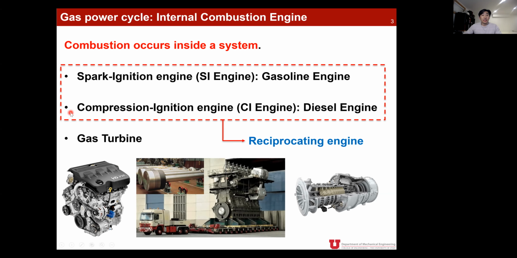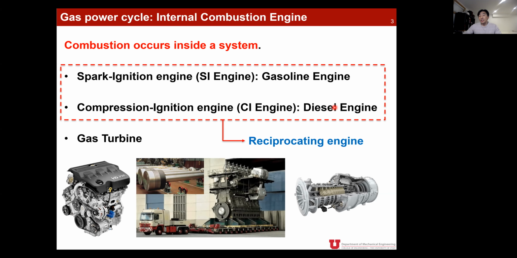Another type of engine is the compression ignition engine, or in short, the CI engine. The fuel of the CI engine is usually diesel. We don't use diesel engines for cars in the United States, particularly for the kinds of cars that we drive, but you can find those types of diesel engines in very big trucks or trailers.